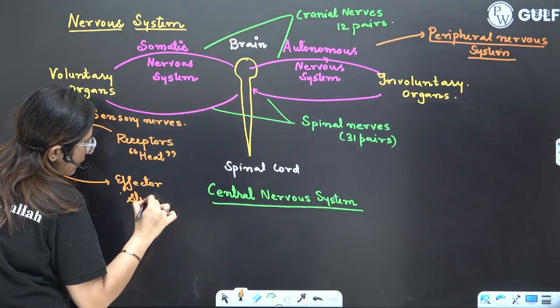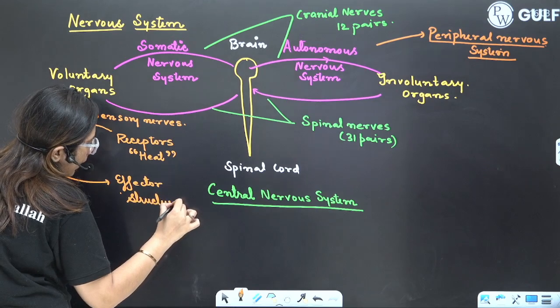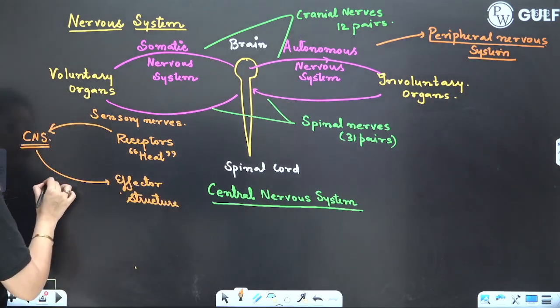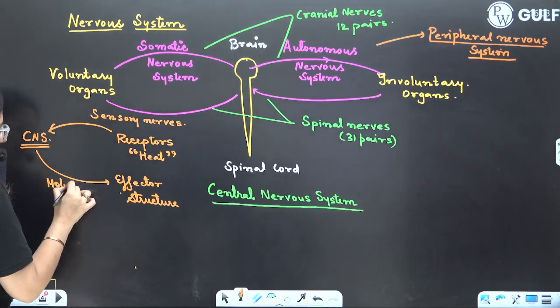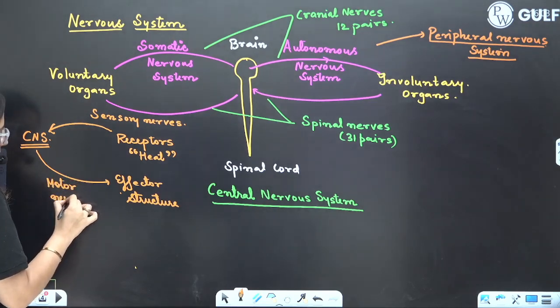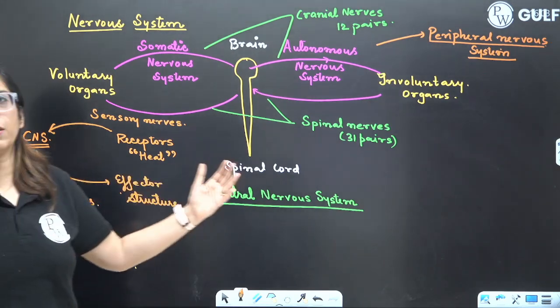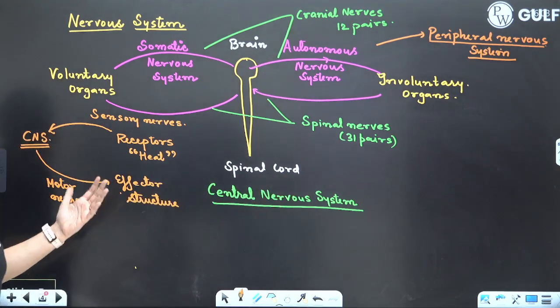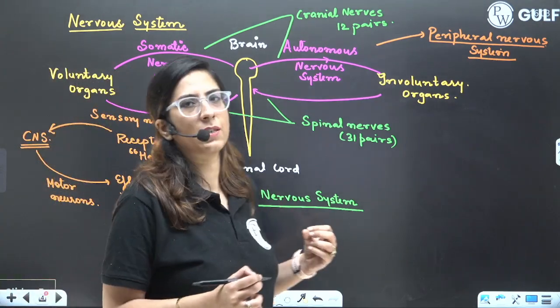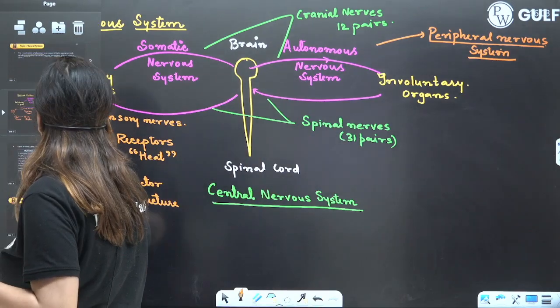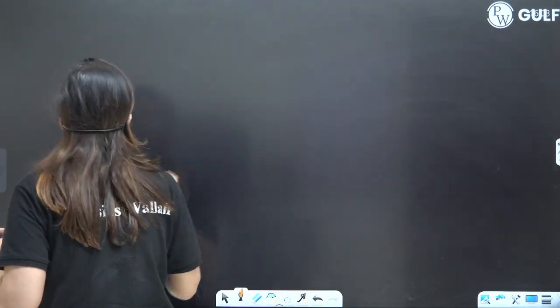This effector structure can be your muscles, can be anything. This is termed the motor neurons. So hope this revision is clear: what is nervous system, central nervous system, peripheral nervous system, receptors, etc. Now let's move on to the structure of neuron.